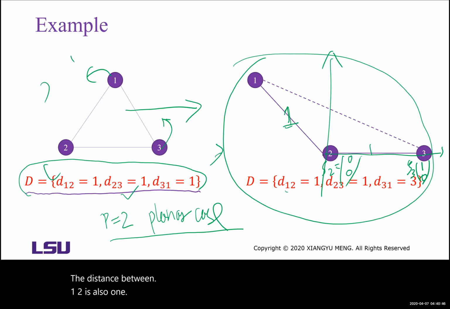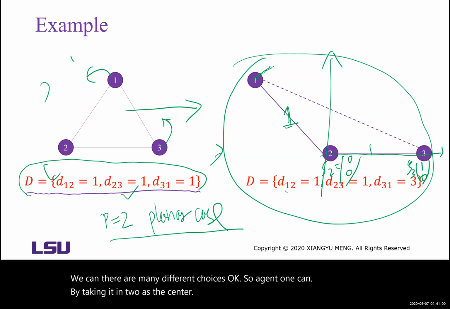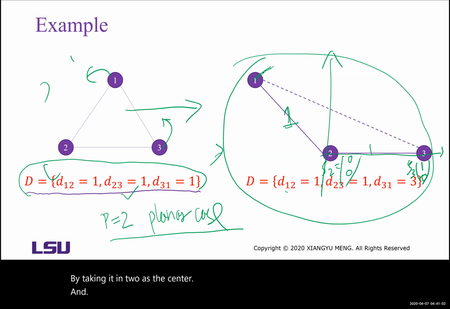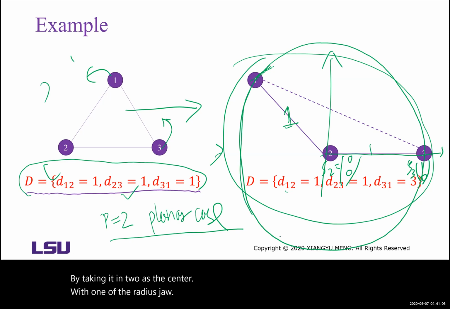Then there are many different choices, okay? So agent 1 can rotate by taking agent 2 as the center and with 1 as a radius, draw a circle, okay?